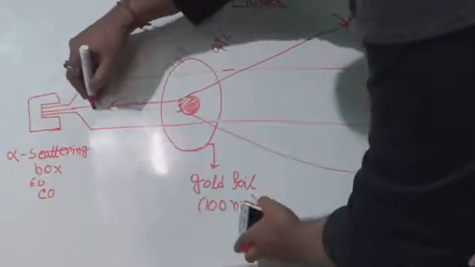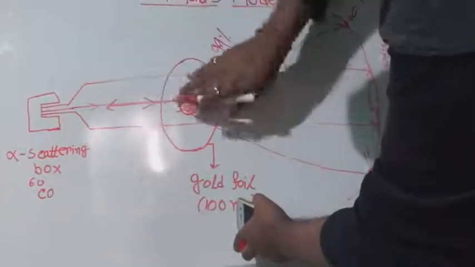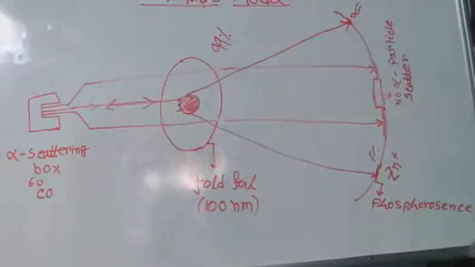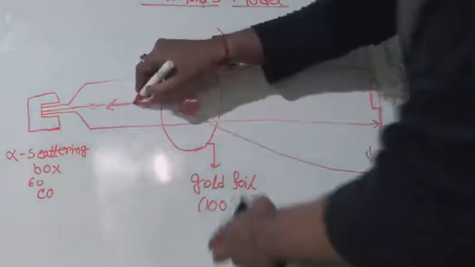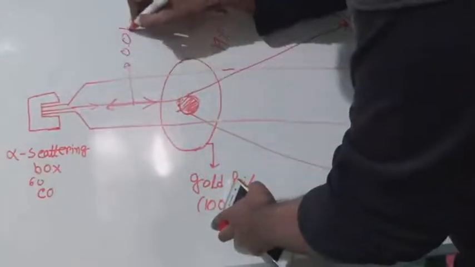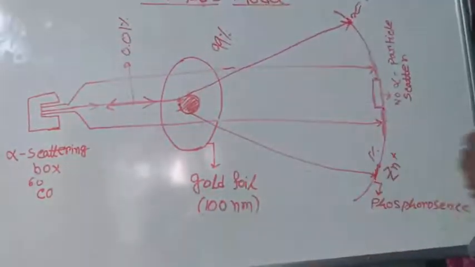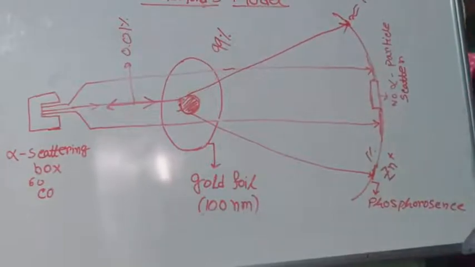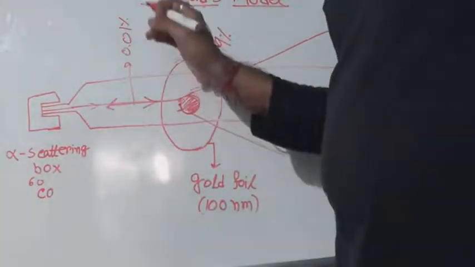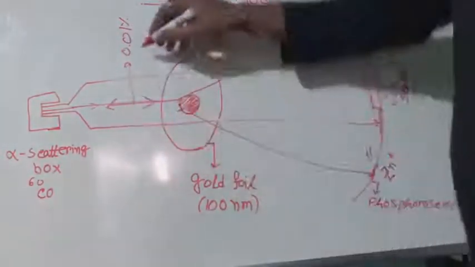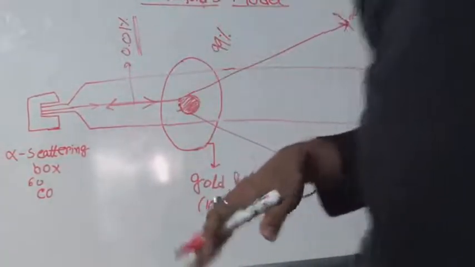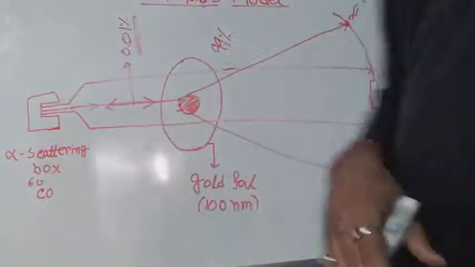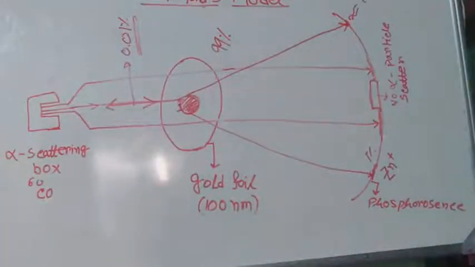That means they come in this direction and they go back in this direction. That means a 180-degree deviation has been observed in only 0.01% of alpha particles. It is the data. It is not given in your NCERT book. Only 0.01% of the alpha particles are deviated by 180 degrees.